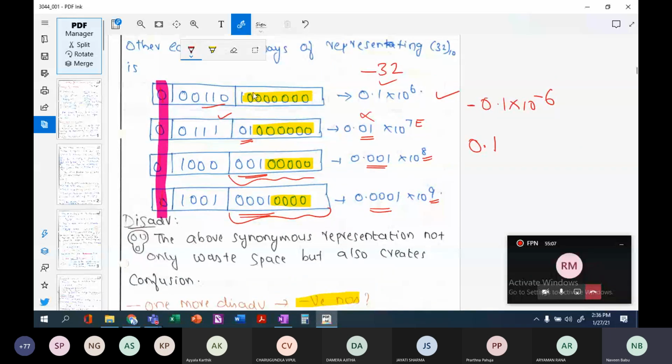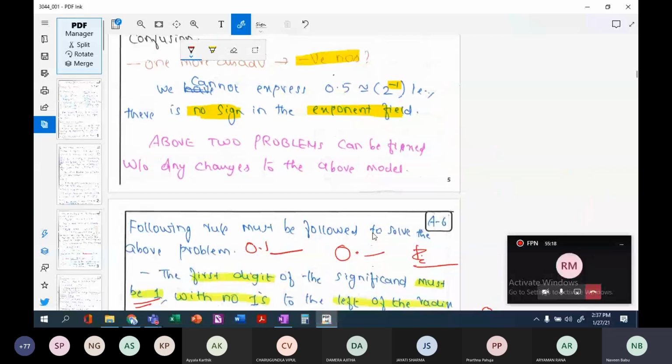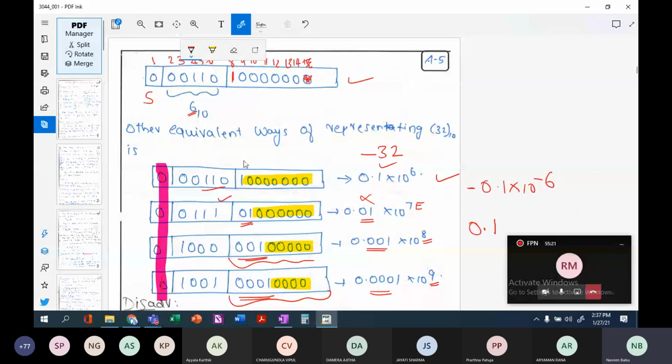Now these spaces get filled by significand values. So here, what are the significant bits? 1001. It gets filled in these particular spaces as 1001 and 000. Though you may argue that these are wastage of space, this is just a simple example that we have given.